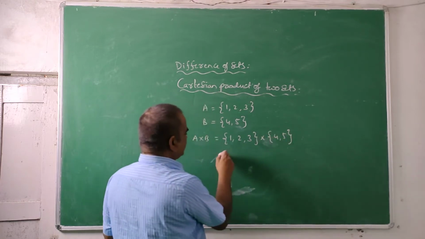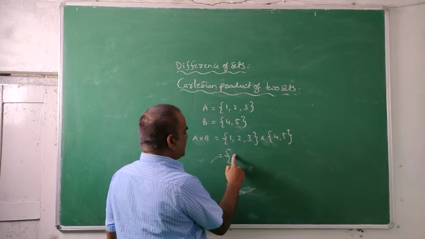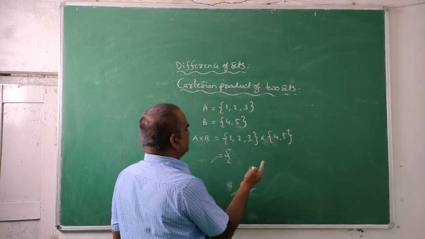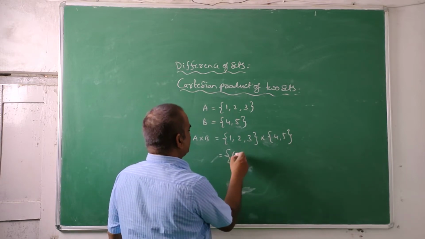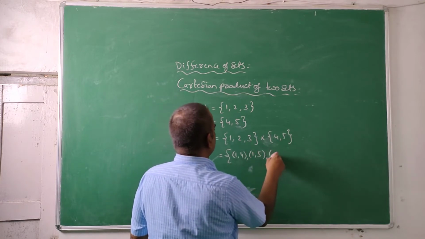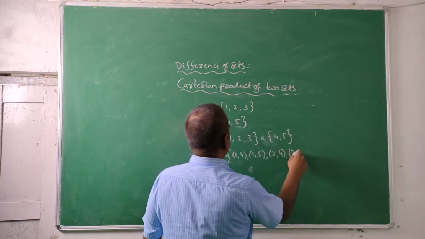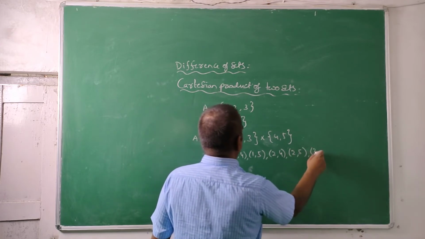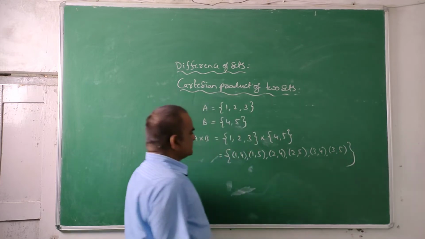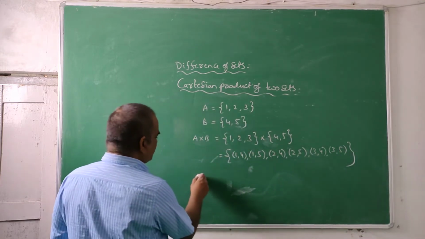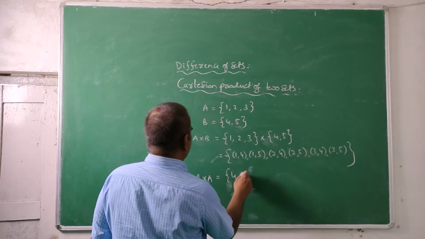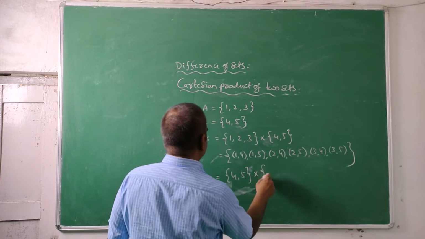So what elements do you get? All ordered pairs in which the first elements are taken from A and the second elements are taken from B. So now let us pick up all such ordered pairs: (1, 4), (1, 5), (2, 4), (2, 5), (3, 4), (3, 5). This is A cross B. Now go for B cross A. So {4, 5} cross {1, 2, 3}.